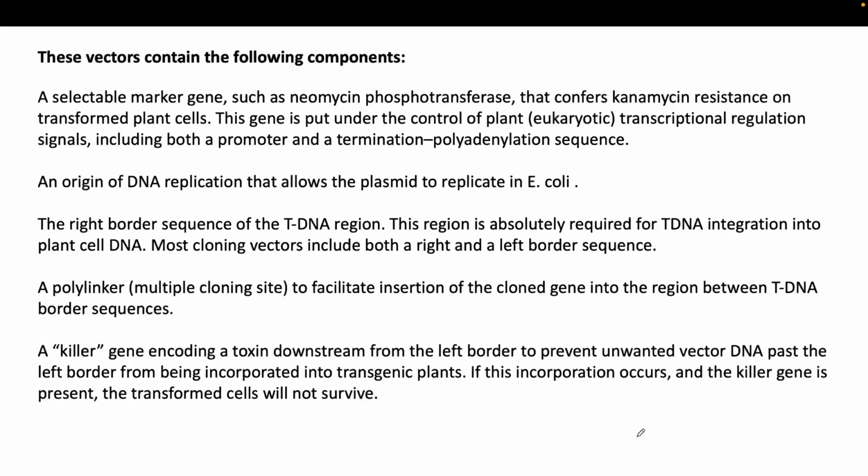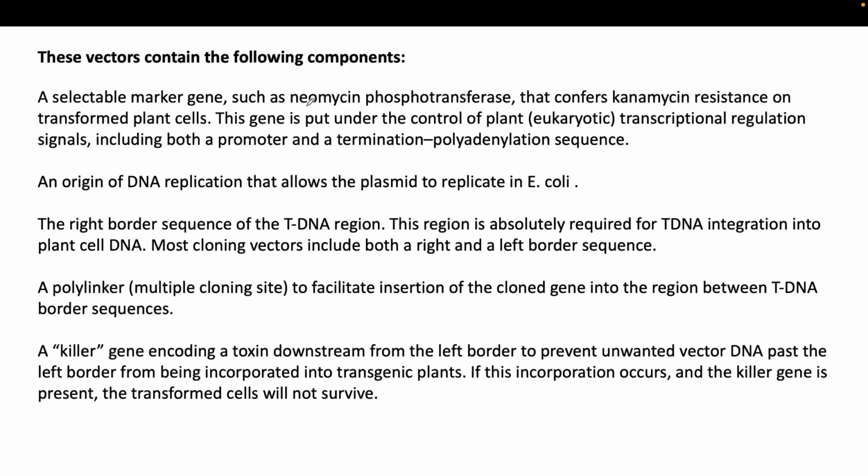When the vector system contains the following components, only then can it be used as a cloning vector system. The first thing required is a selectable marker gene, such as the neomycin phosphotransferase gene, which we have to add to this plasmid so that it confers kanamycin resistance on the transformed plant cell.